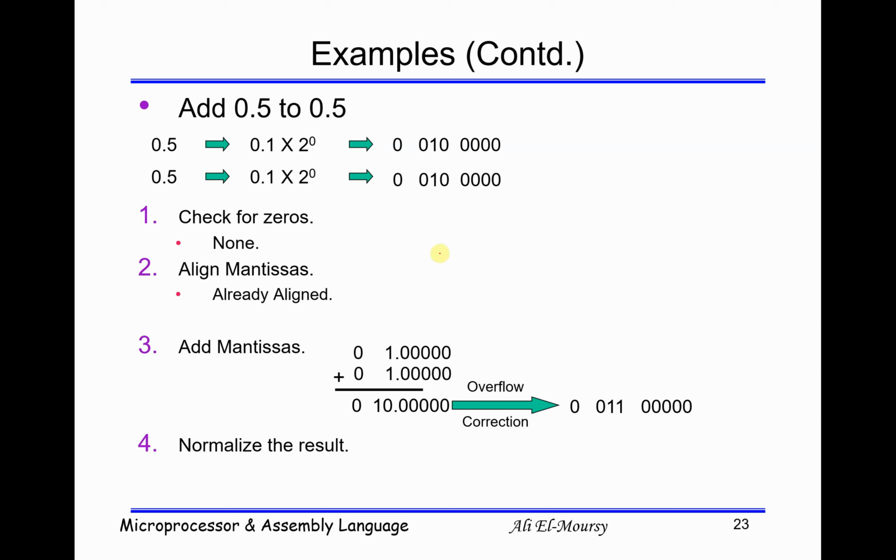Now I want to add 0.5 to 0.5. We repeat the same steps as before. The representation for the first number and the second number are the same: 0, 0, 1, 0, 0, 0, 0, 0.